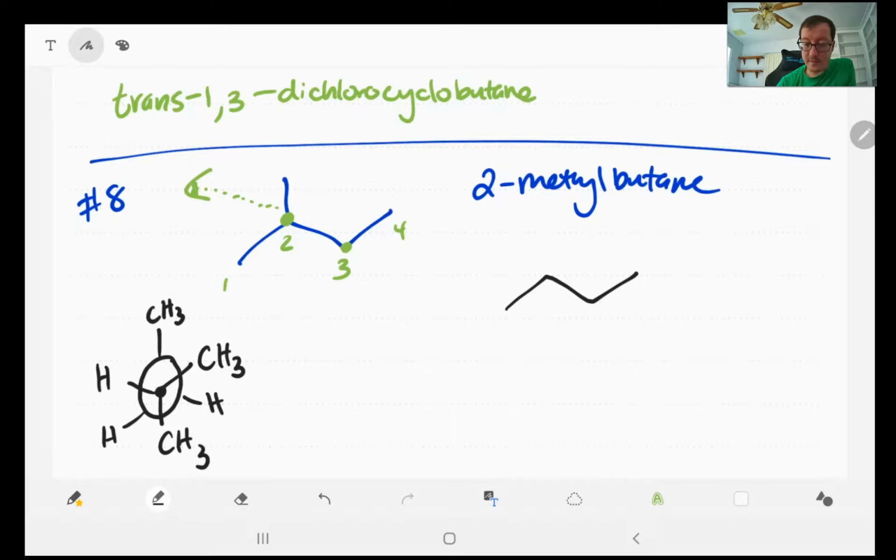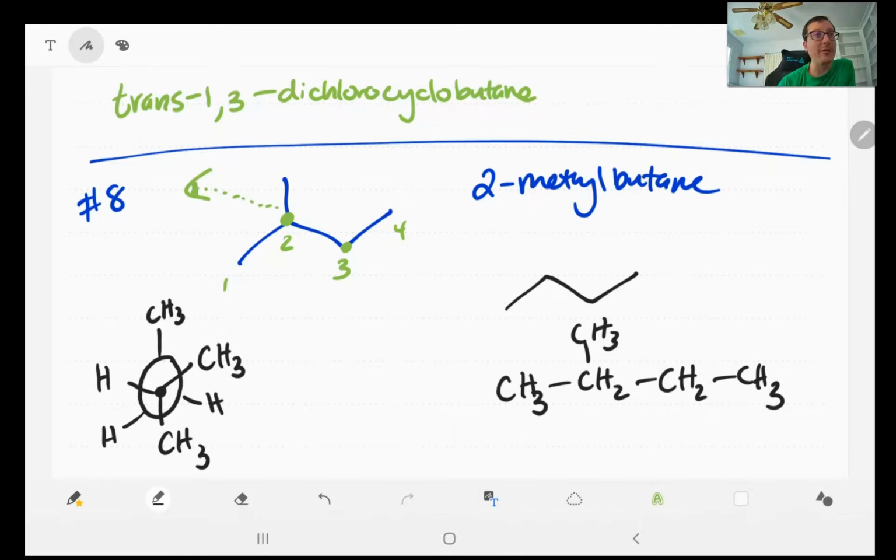So this is butane right here, this lightning bolt looking dude. That's butane. Or if it helps you, you could write it out this way first, and then I've got a methyl group on carbon 2. In skeletal structure, you'd say the same thing. I've got my 4 carbons, and I'm going to draw a methyl group on carbon 2.